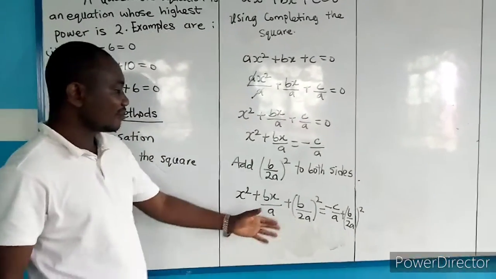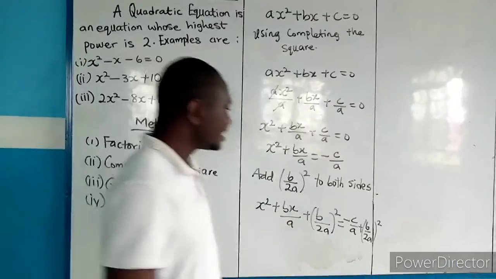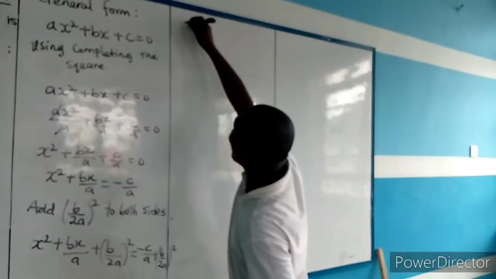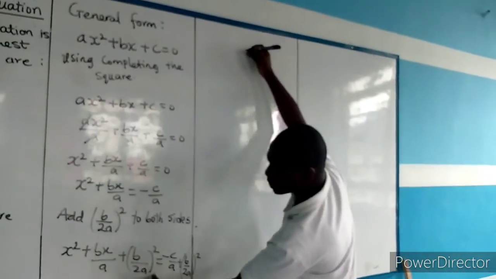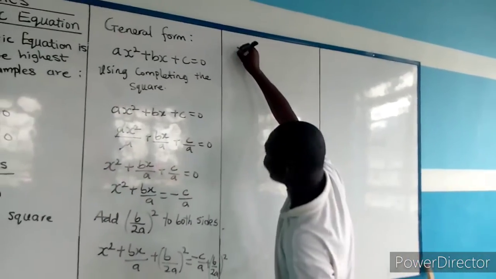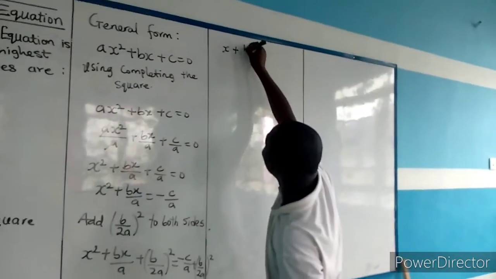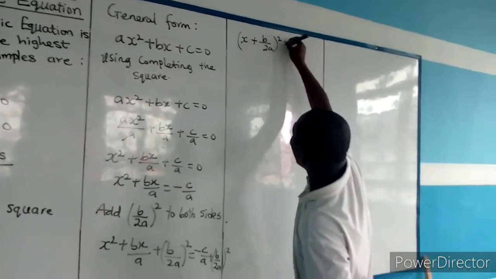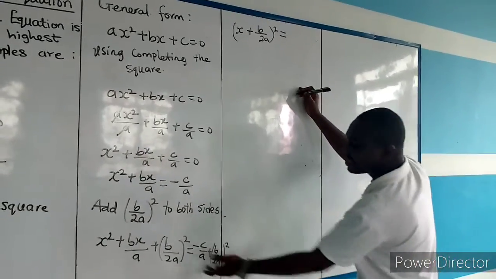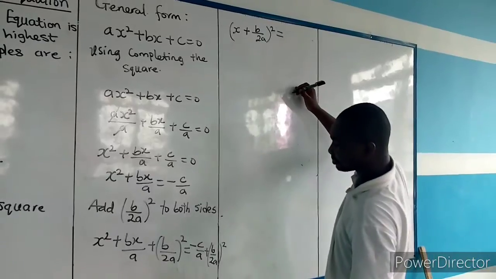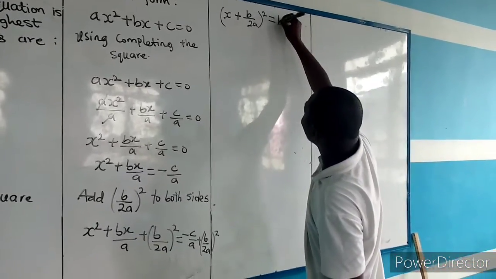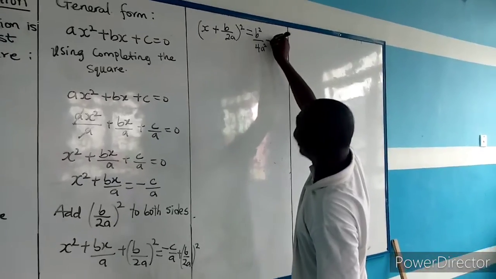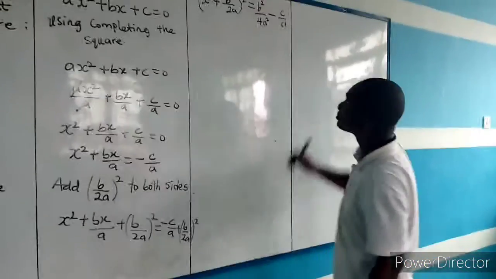So in the next line, by completing this square, I'm going to have x plus b over 2a squared. While on this other side, I can rearrange this to become b squared over 4a squared minus c over a.